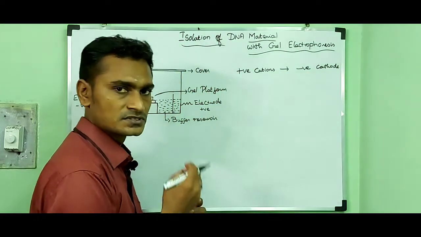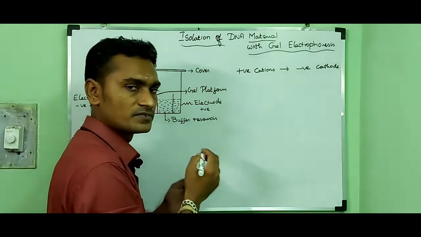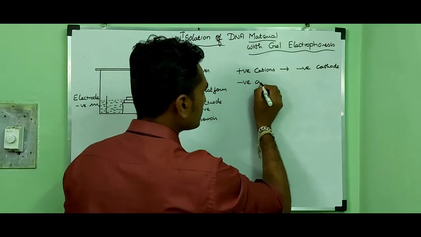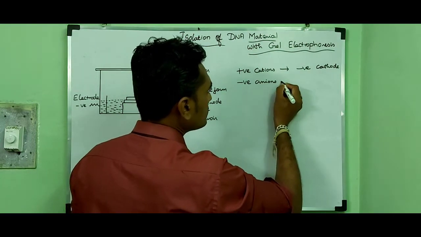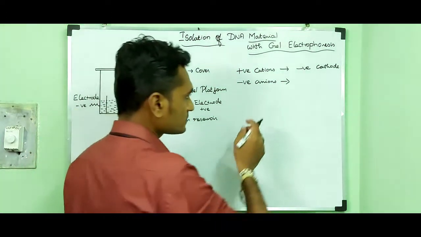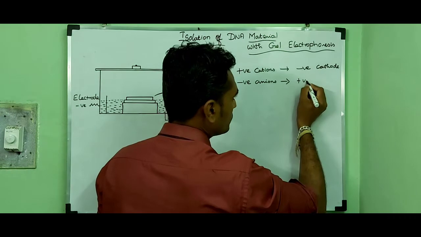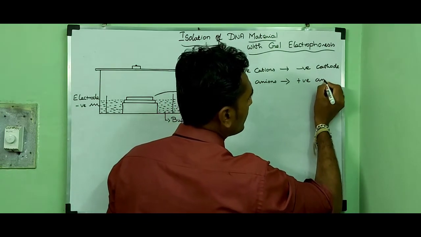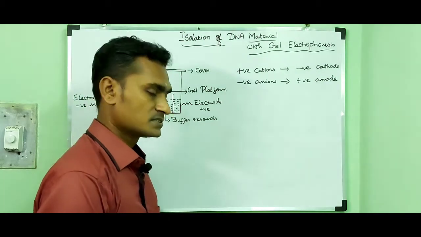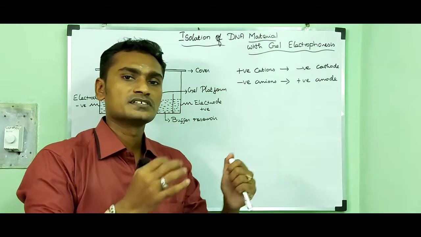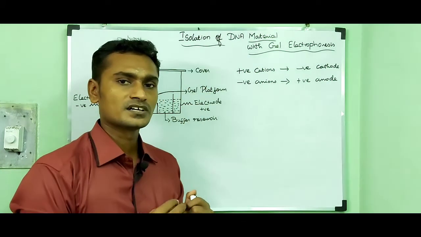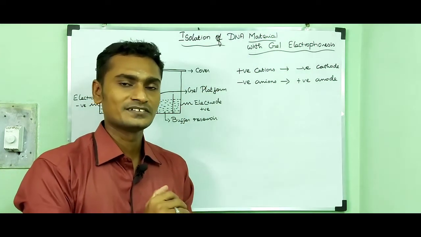Suppose it is a negatively charged molecule, so it may be an anion. When subjected to an electric field, it can move towards the positive anode or positive terminal.